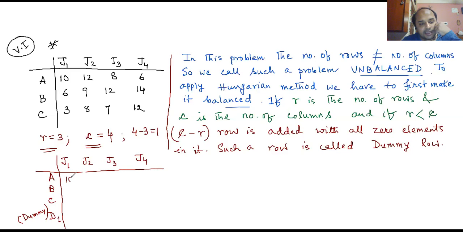I will write all the elements 10, 12, 8, 6, 6, 9, 12, 14, 3, 8, 7, and 12. But the elements present in the dummy row will be 0, 0, 0, 0. Just like we do in the case of transportation problem. Dummy elements are all zeros.